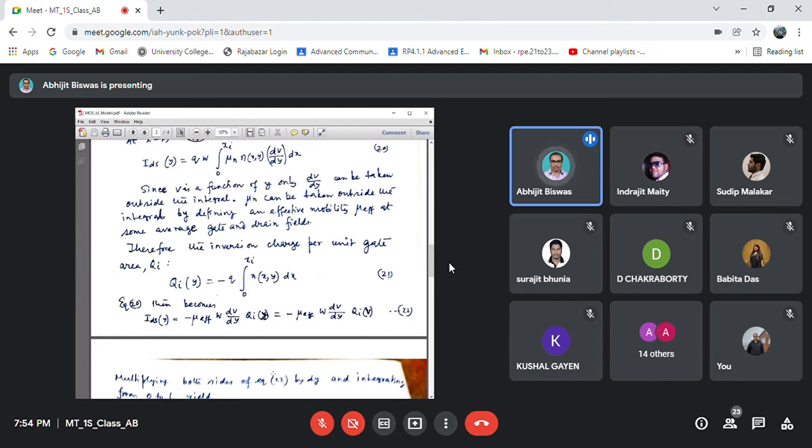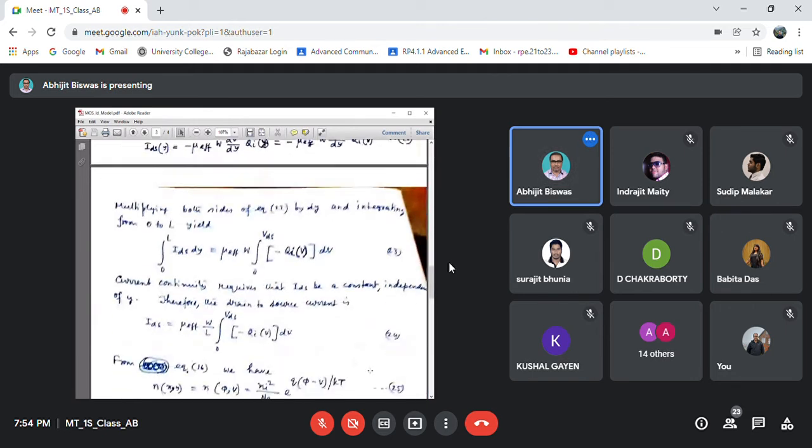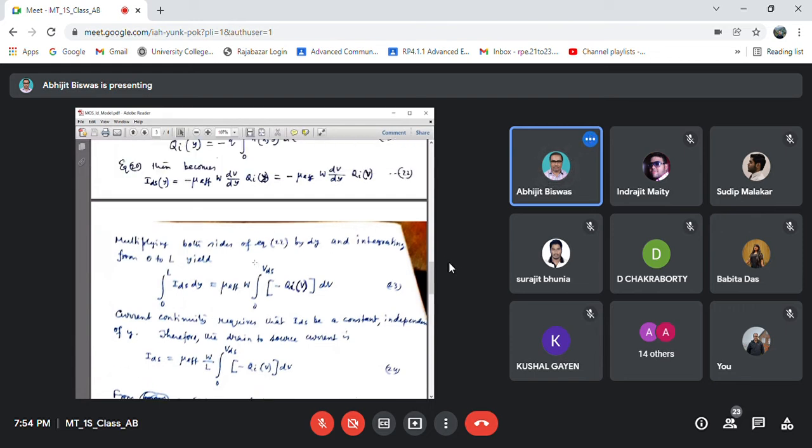So you can change this variable, replacing y with V. Now multiply both sides with dy, and again carry out integration. On the left hand side, you integrate over y, where y varies from 0 at the source end to L at the drain end.